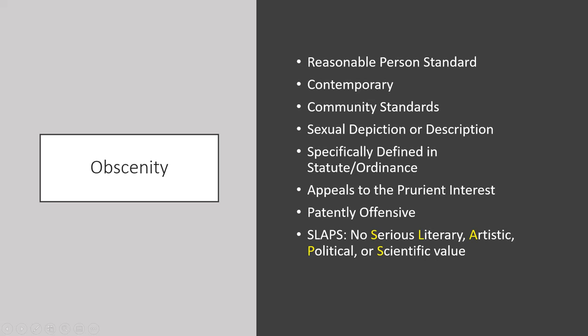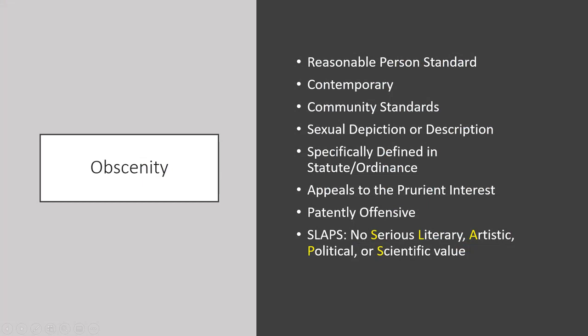You also have to find, and this is a related point, the jury or the fact finder would have to find that the material is patently offensive. Note the word patently. Patently means obviously, clearly, starkly offensive. Finally, the prosecutor would have to succeed under what lawyers and law students call the SLAPS test.